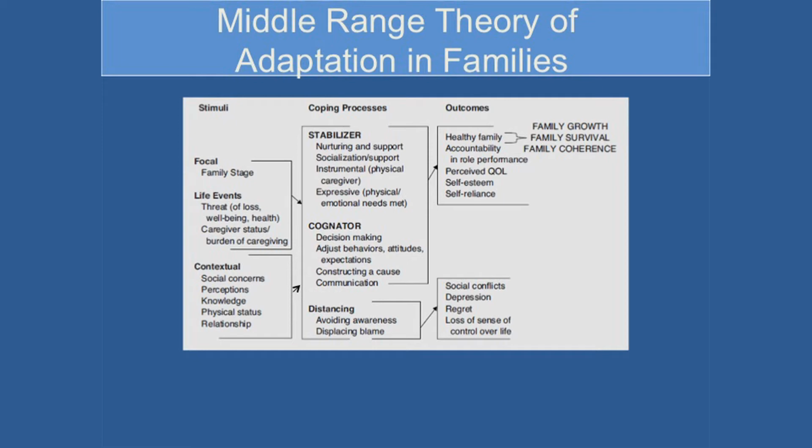The outcomes then are healthy family, that is growth, survival, and coherence, accountability in role performance, perceived quality of life, self-esteem, and self-reliance. Or with the distancing, we get social conflicts, depression, regret, and loss of sense of control over life.